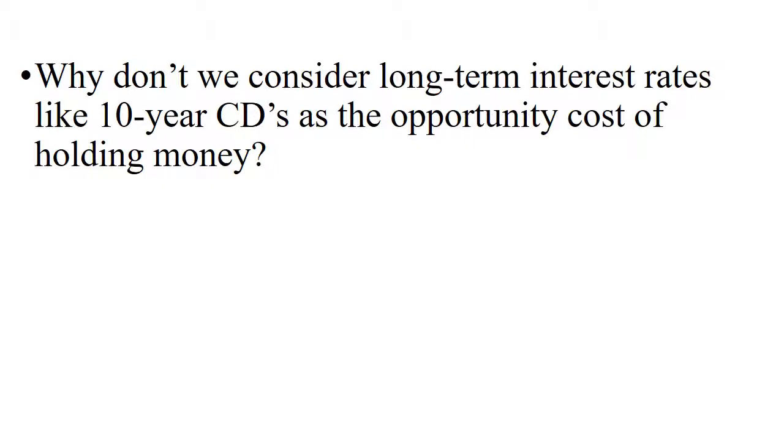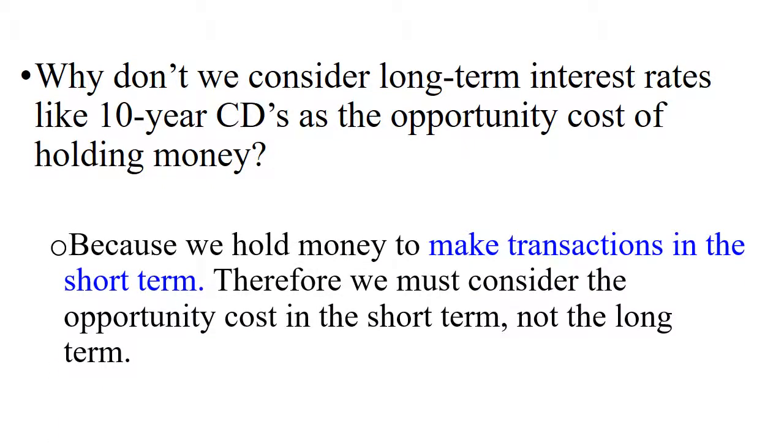So why is the opportunity cost of money short-term interest rates? Why wouldn't we look at long-term interest rates like a 10-year CD? What's the difference? The reason why is that we only think about money demand and holding money for short-term transactions. So when you're in front of that machine and it asks you, do you want cash back?